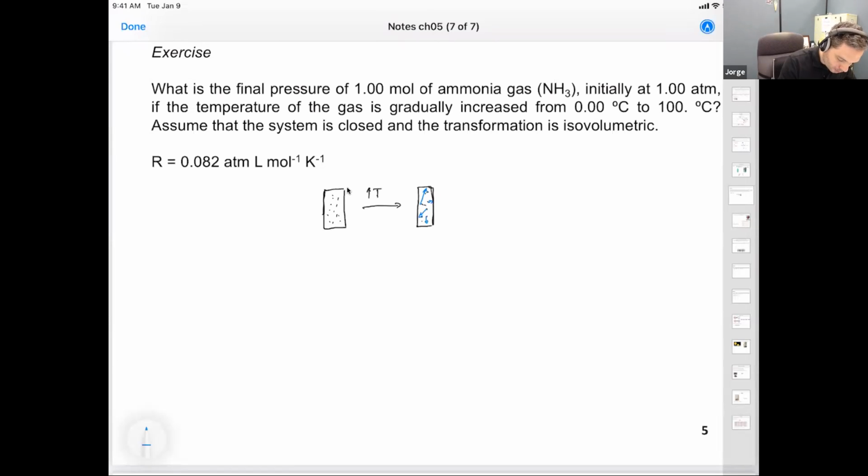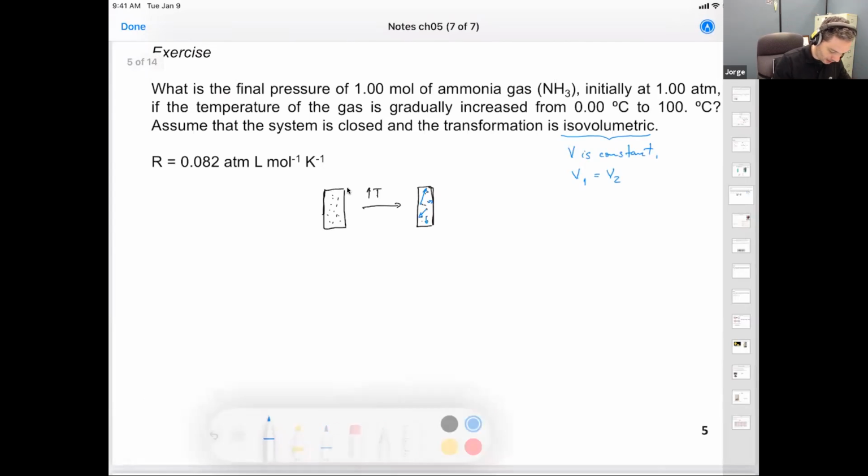Attention here, we are talking about an isovolumetric transformation. That means the volume is constant. In other words, I can affirm that the initial volume is going to be equal to the final volume.